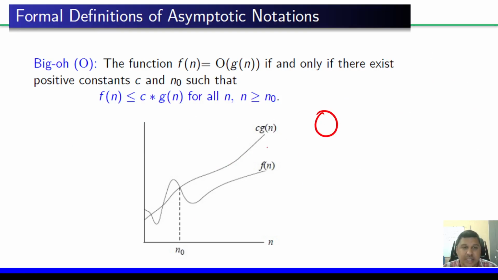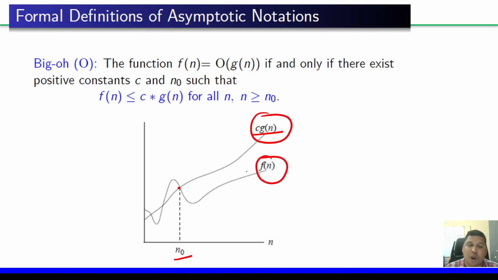See the graphical representation here. There is one function f of n. If I draw that line of that equation, I get something like this. And if I multiply c with g of n, it is always on top. See this point, n naught. So g of n is always dominating and f of n is small.